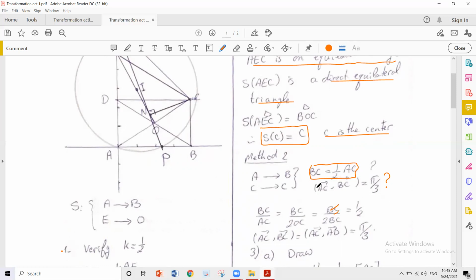So the image of C is C, then C is the center. The method you like, you can choose.